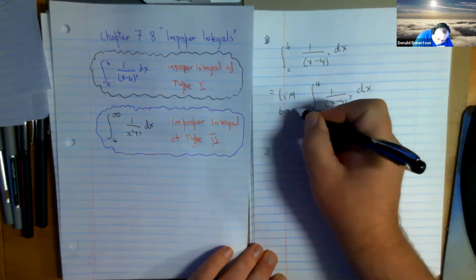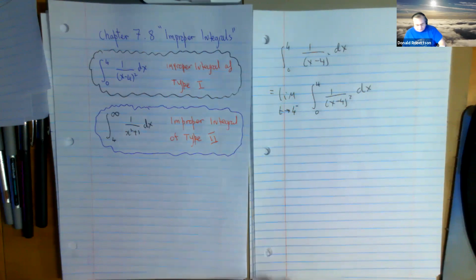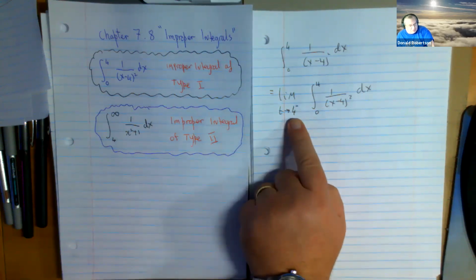And then you do the limit as t tends to 4, technically 4 minus, because it's coming in from the left side. So now we're going to have to look at how do you do limits as t tends to a number rather than t tends to infinity.